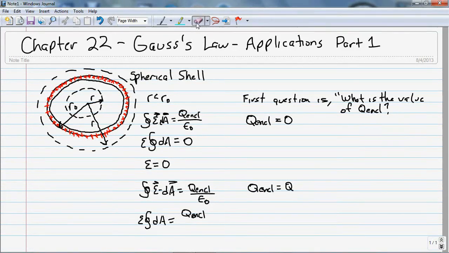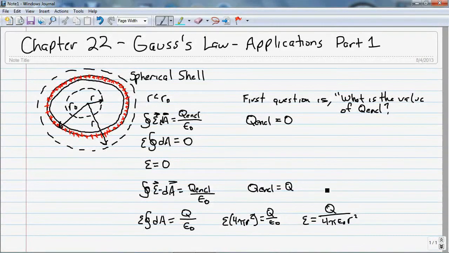Oh, we know q enclosed, that's just q divided by epsilon naught, and that's just the electric field strength times 4 pi r squared equal to q over epsilon naught, and that just means that our electric field strength is equal to q over 4 pi epsilon naught r squared.